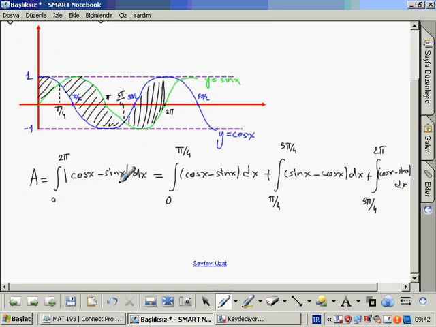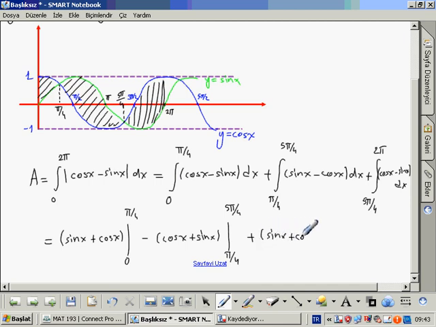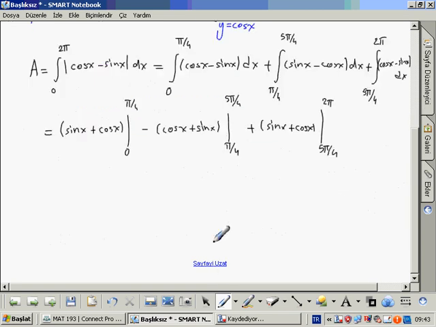And the calculation: the area is sine x plus cosine x from 0 to pi over 4, and minus cosine x minus sine x from pi over 4 to 5 pi over 4, and after that plus sine x plus cosine x from 5 pi over 4 to 2 pi.